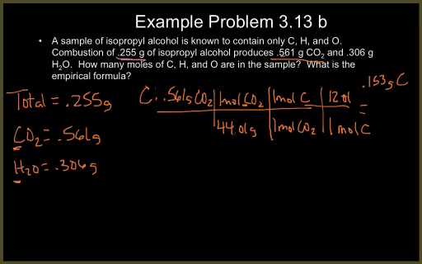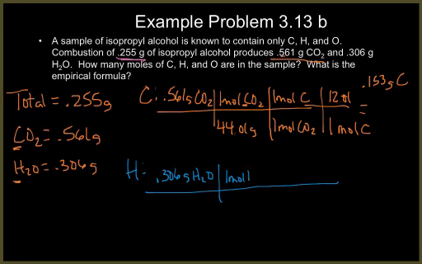Okay, now I'm going to use the water to get to hydrogen. So I have 0.306 grams of H2O. Same process here, but this time I'm going to H. So I'm going to go to moles of H2O, molar mass of water, 18.02. Then I'm going to say in 1 mole of water, there are 2 moles of H's.